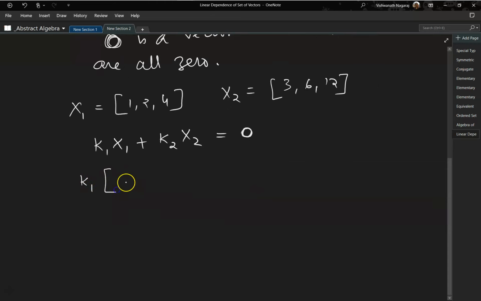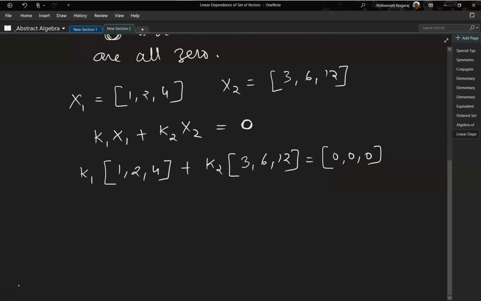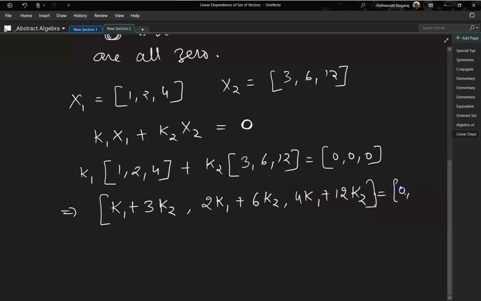So k1 times 1, 2, 4 plus k2 times 3, 6, 12 is equal to 0. Let's simplify this now. So k1 plus 3k2, then we have 2k1 plus 6k2, and then we have 4k1 plus 12k2 is equal to 0, 0, 0.